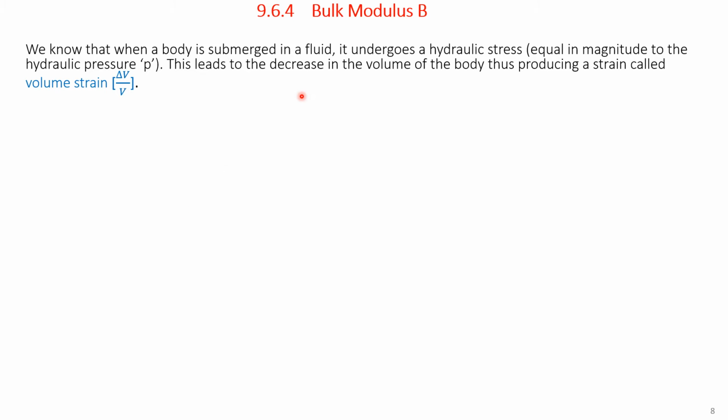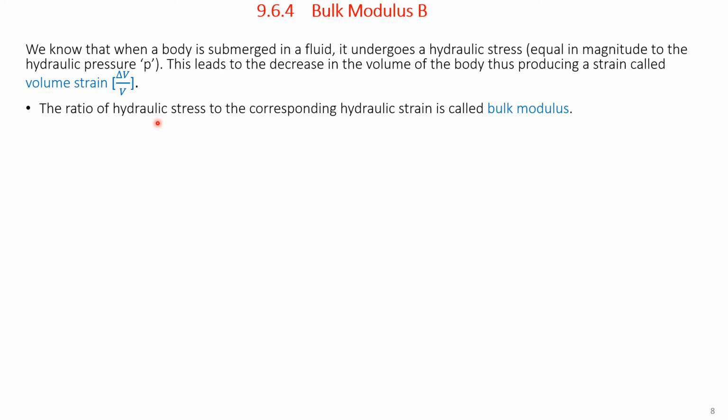This leads to a decrease in the volume of the body, which produces a strain called volume strain, given by the relation delta V by capital V, where delta V is the change in volume and capital V is the original volume. The ratio of hydraulic stress to the corresponding hydraulic strain is called bulk modulus, which is represented by the symbol capital B.